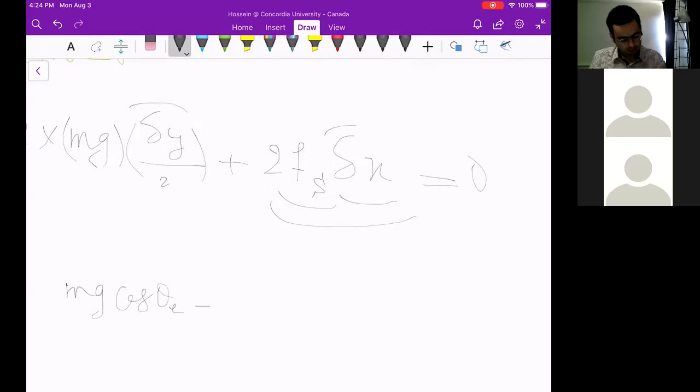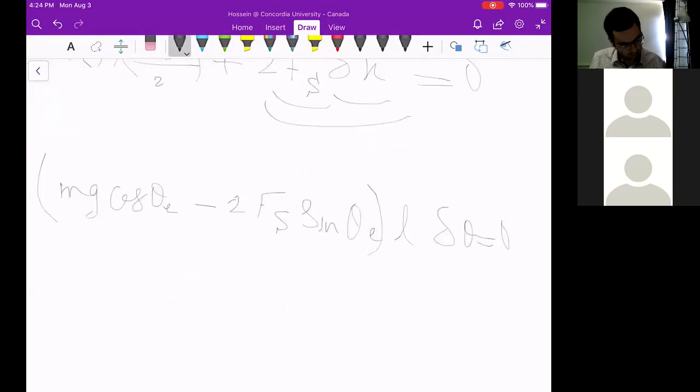That's why I call it theta E. mg cosine theta E delta theta minus 2 F spring sine of theta E multiplied by L variation of theta is equal to 0.